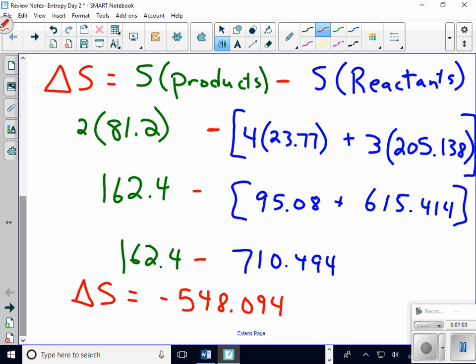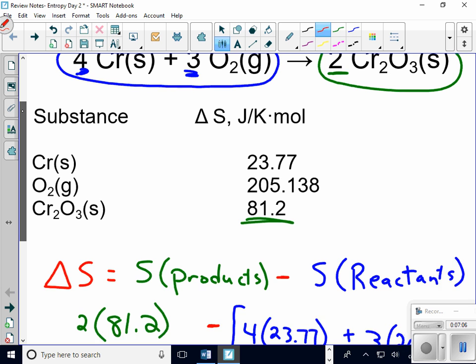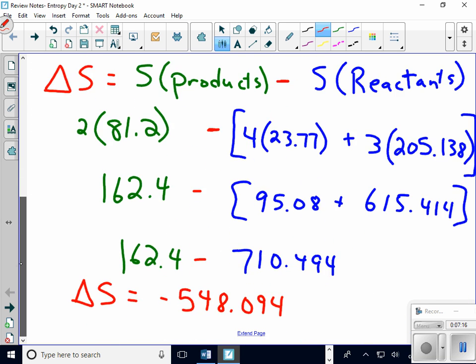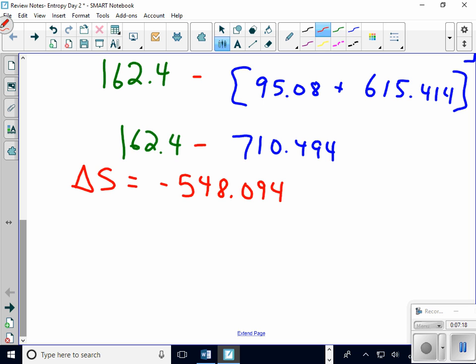I need to have a label on this, so I come back up to my original right here. My change in entropy is going to be joules per Kelvin times mole. That'll be right on your data table. So my label is joules per Kelvin times mole.